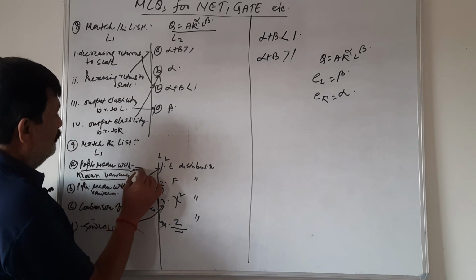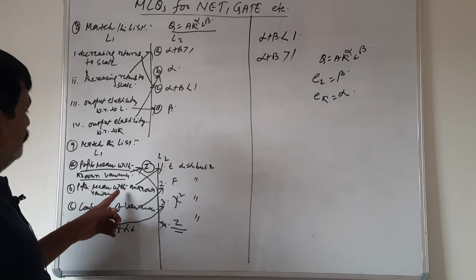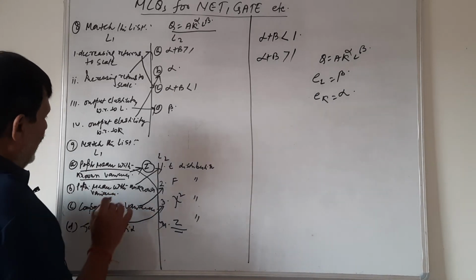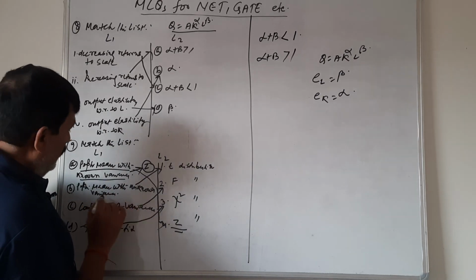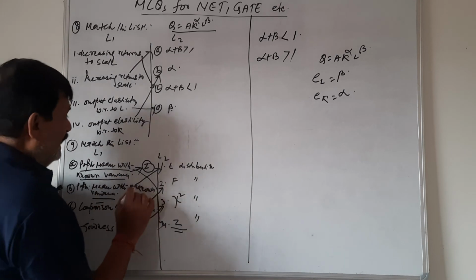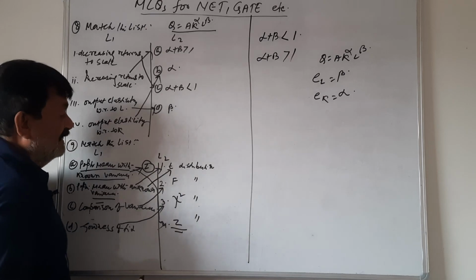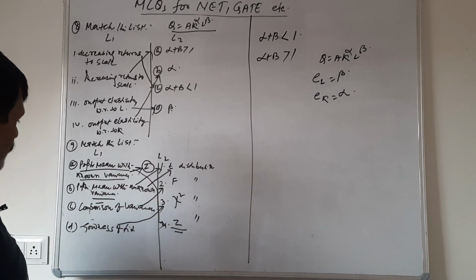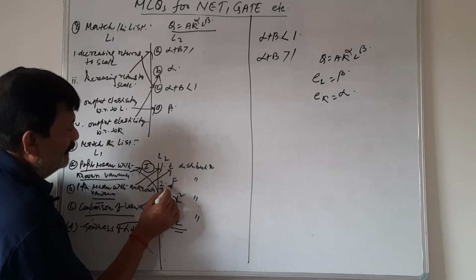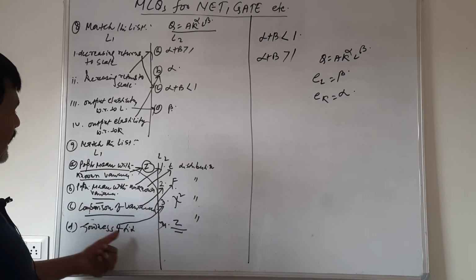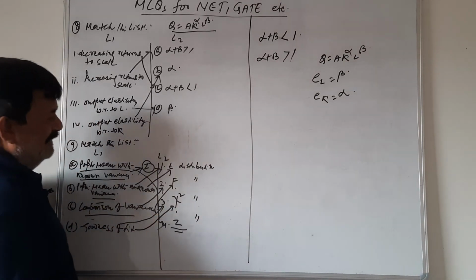Population mean with unknown variance: when the population mean has to be tested and the population variance is unknown, then we calculate an unbiased estimate of the population variance, and we use the t distribution. Comparison of variance is done with the help of the F distribution. And goodness of fit, a very famous test, is the chi-square test.